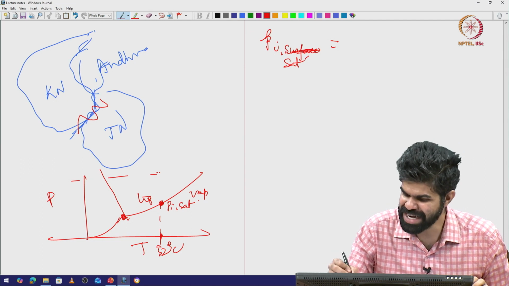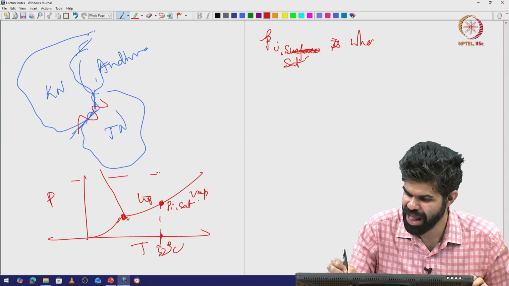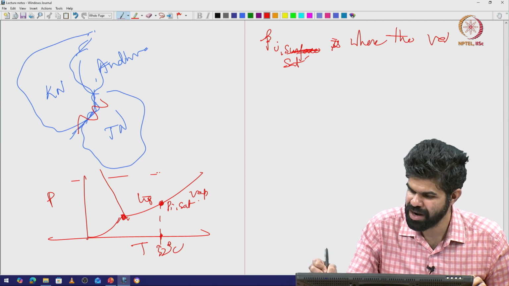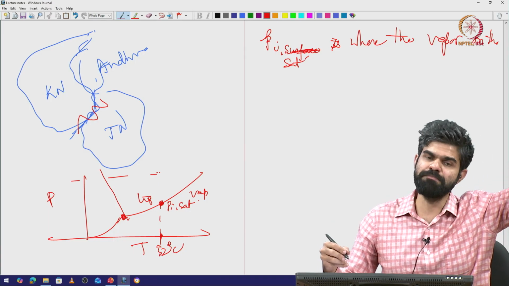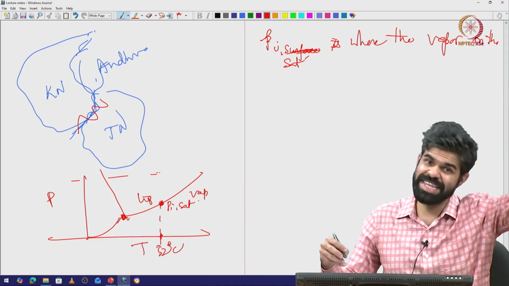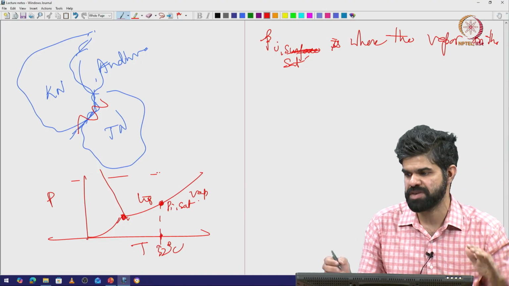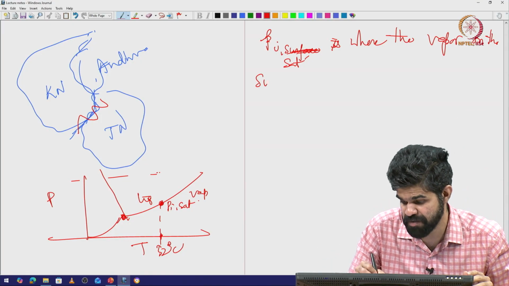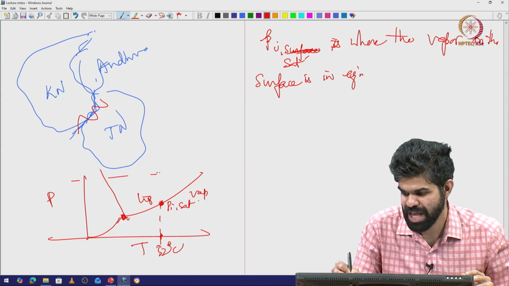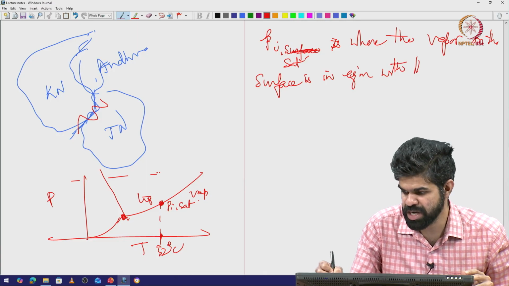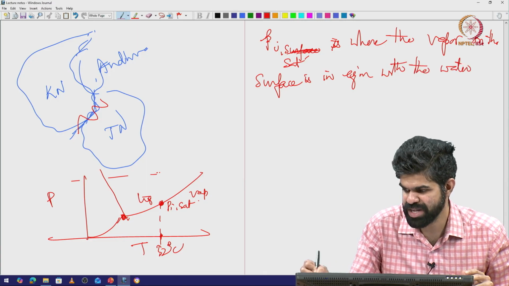So Pi sat is where the vapor on the surface, just on the surface, so let us not go deep outside the surface on either side, let us just be on the surface, is in equilibrium with the water on the surface.